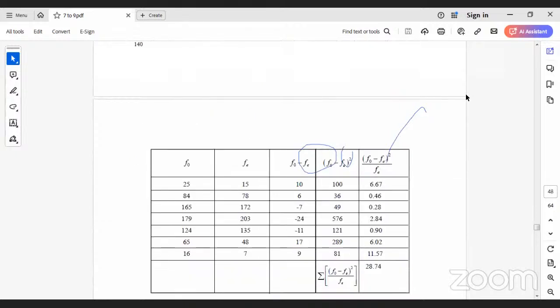So the differences are 25 minus 15 is 10, 84 minus 78 is 6, 165 minus 172 is 7, 179 minus 203 is 24, 124 minus 135 is 11, 65 minus 48 is 17, 16 minus 7 is 9.